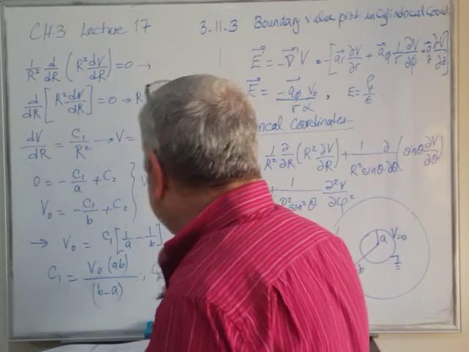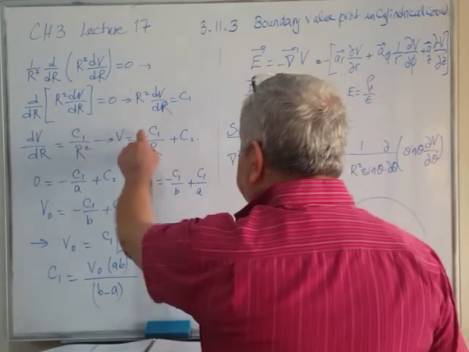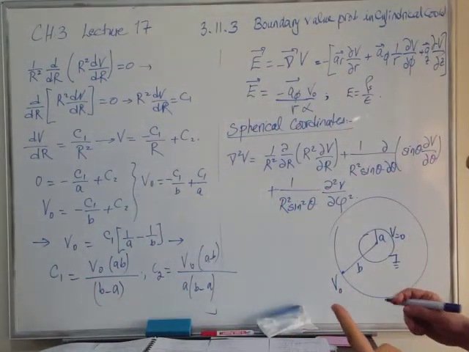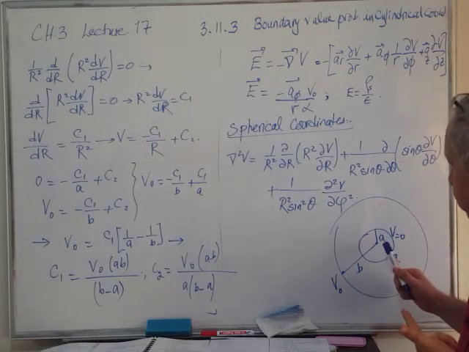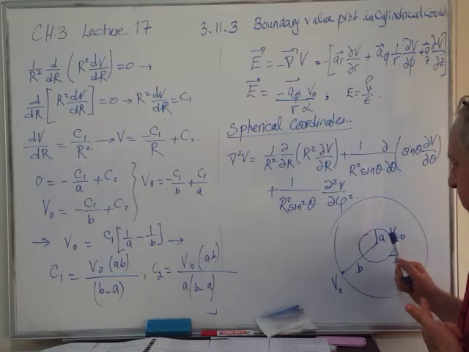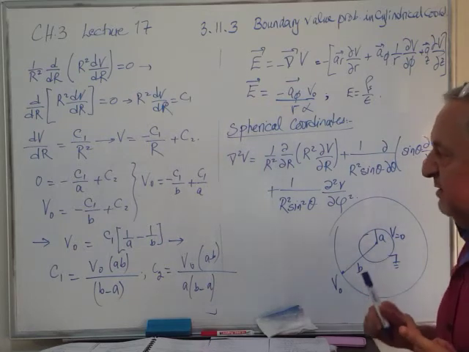You can check. Number one, you put c1 and c2 here in their places. Number two, you can check that at r equals a, V is 0, and at r equals b, V equals V0.